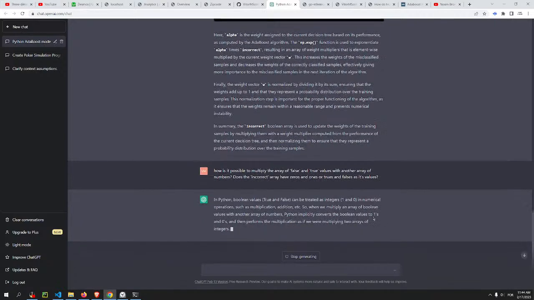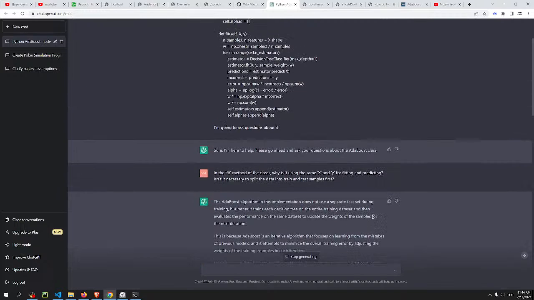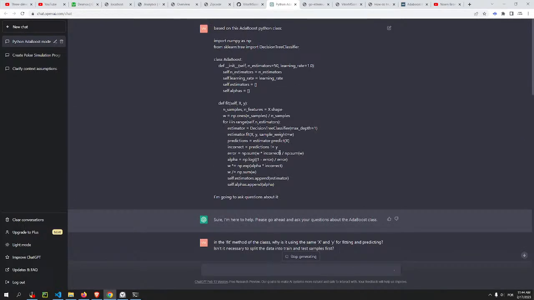So it's a mask, basically using zeros and ones. It's going to fit with the same weight in the beginning, and then it's going to predict with the same data, because it doesn't matter in the beginning. Then this is going to be an array of zeros and ones, multiplied by the initial weights and divided by the sum of the weights.